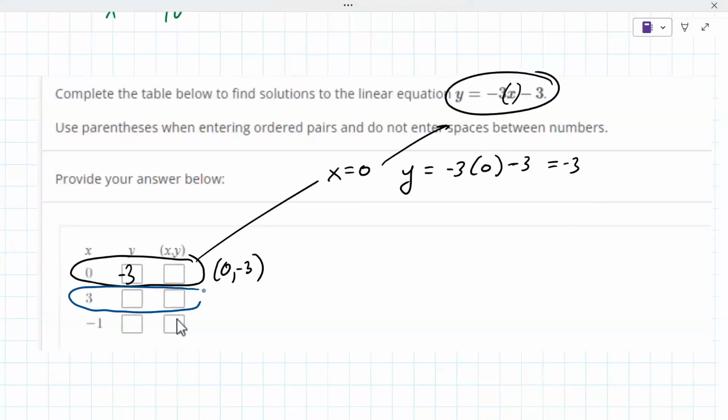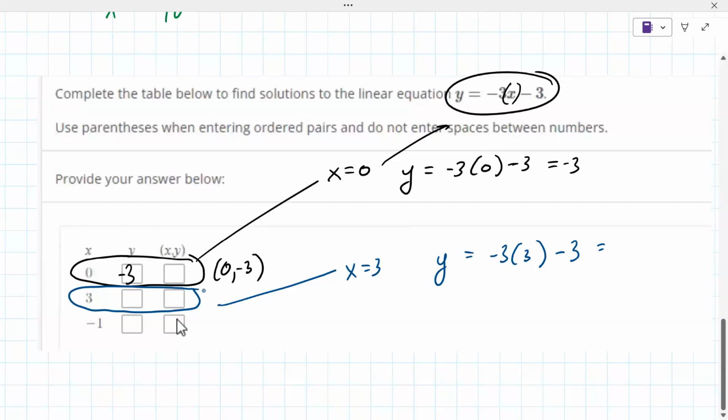For the second one here, x is 3. So we write y equals -3 times 3 minus 3. It would be 6.